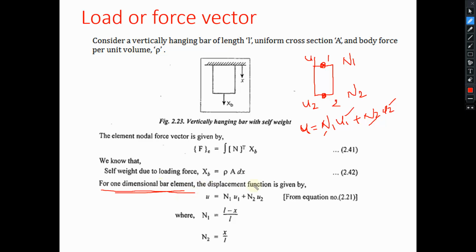For two-dimensional and three-dimensional elements, the equations will be a little different. Okay. And we also know that, we derived, u of x displacement function is equal to 1 minus x by L into u1 plus x by L into u2, where the value of n1 is 1 minus x by L and the value of n2 is x by L. So n1 is 1 minus x by L. If we multiply 1 minus x by L by L, it is L minus x by L, and n2 is equal to x by L, where L is the length of the element.